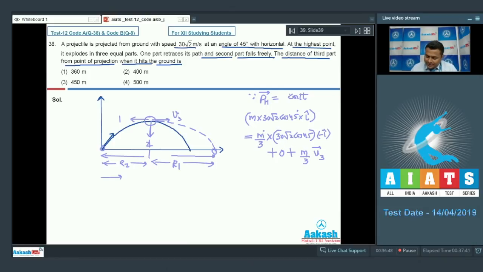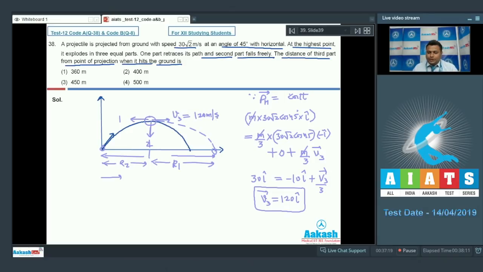Now after solving, m and this m get cancelled out. We get 30 i cap equals minus 10 i cap plus v3 by 3. So v3 vector we have got 120 i cap. Now 120 meter per second will be the speed.